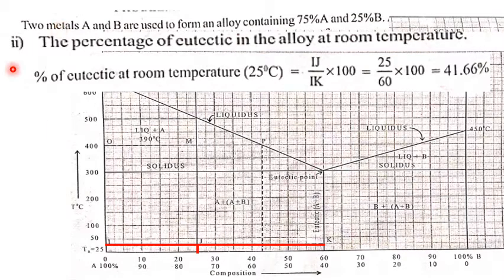This is how exactly we can calculate for a given eutectic system where the two components are completely soluble in liquid and incompletely soluble in solid. Whatever composition and temperature they give, easily you can drop a tie line, and wherever it intersects with the x-axis, liquidus and solidus line, that will give the composition. And by using the lever rule, one can easily find out the amounts present.